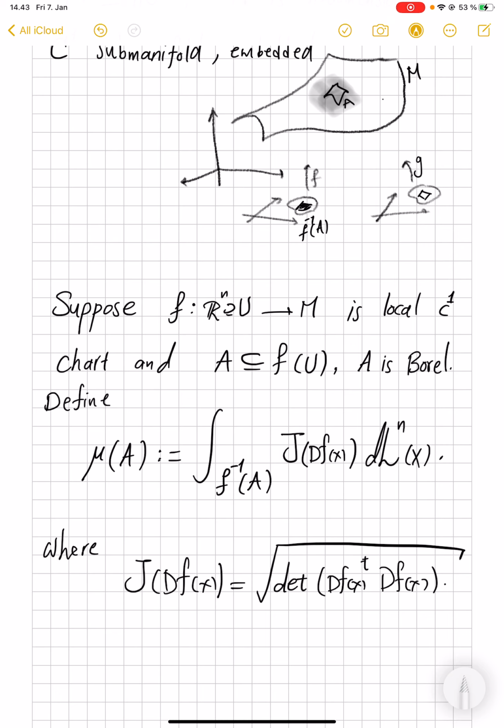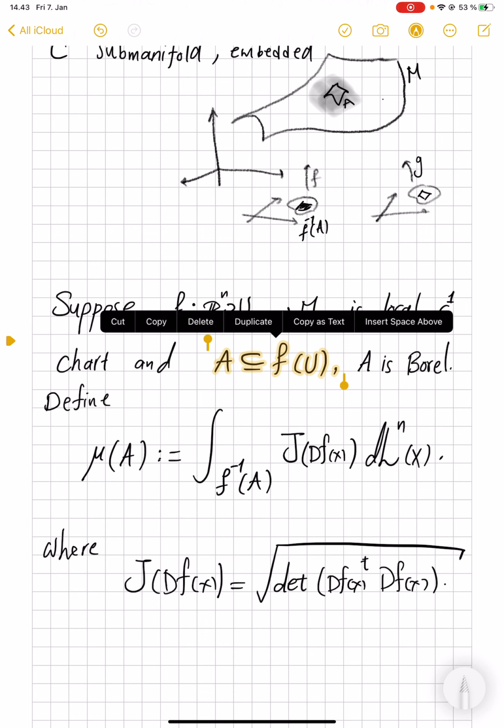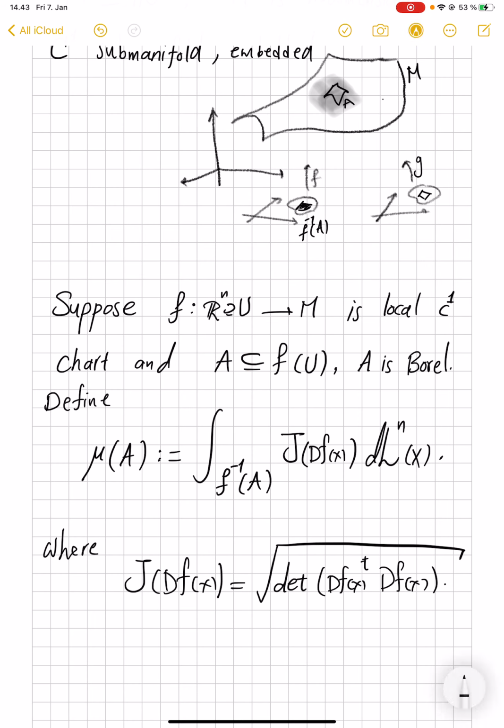So suppose you have a local chart, a local C1 chart, and you take a Borel set A living inside the image of that localization. We needed Borel so that f inverse of A is now a measurable set in R^n, and therefore we can integrate the Jacobian of the derivative of f(x) over that set.